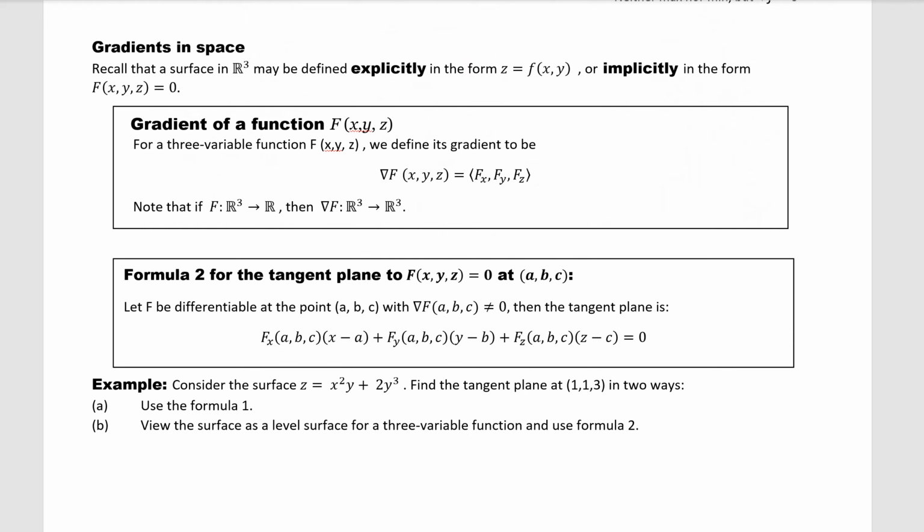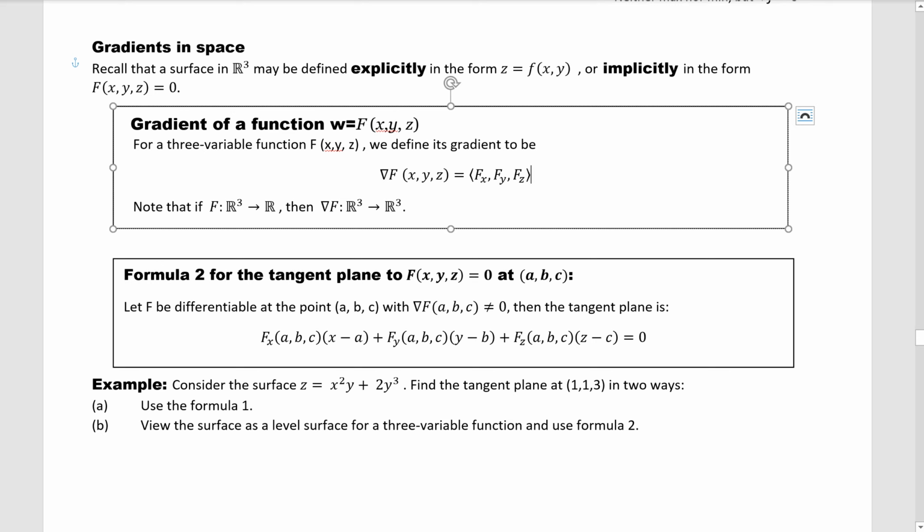Now we can consider w as a function of x, y, z. So for a 3 variable function, let's say w equals f of x, y, z.